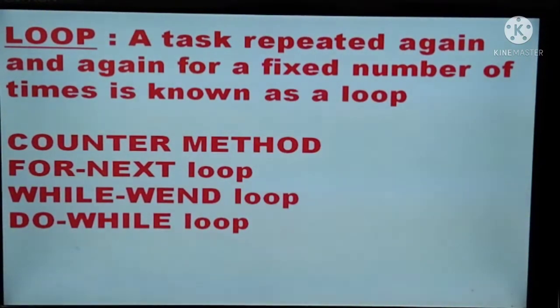At that point of time, we need to incorporate a loop. Over here we have three loops and one counter method. First is the counter method, next is the for next loop, then the while wend loop, and the last one is the do while loop.